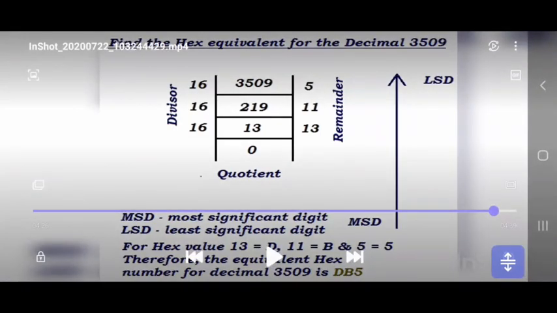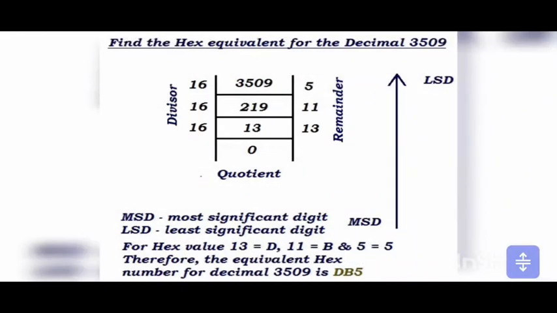Here also we can see the hex equivalent for the decimal 3509. It is divided by 16, the quotient is 219 and the remainder is 5. Again 219 is divided by 16, and the quotient is 13 and the remainder is 11, and the last value is 13.